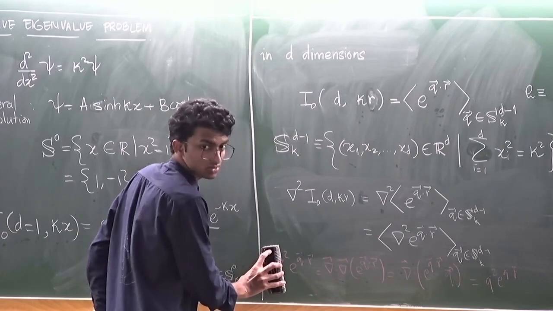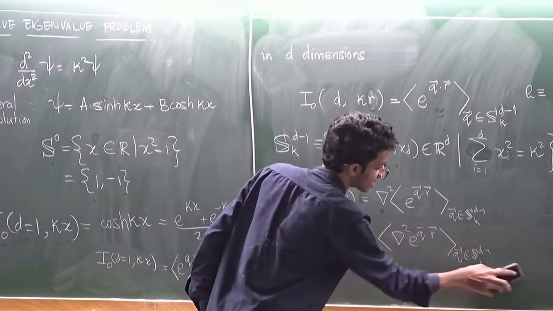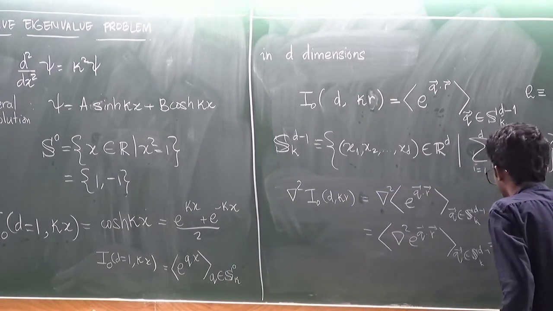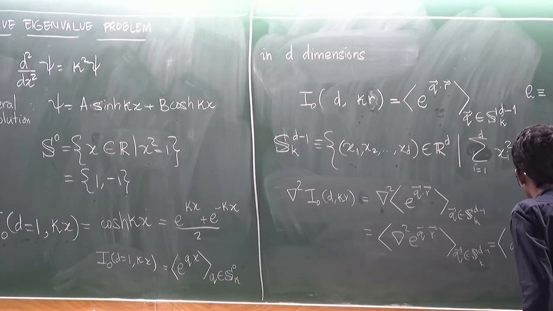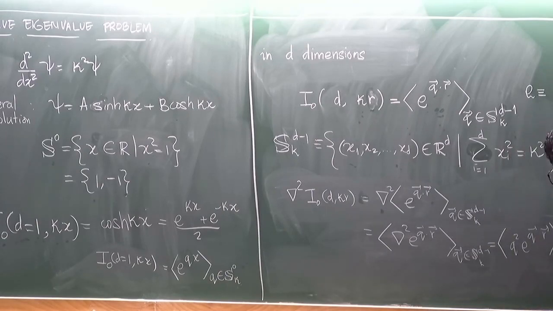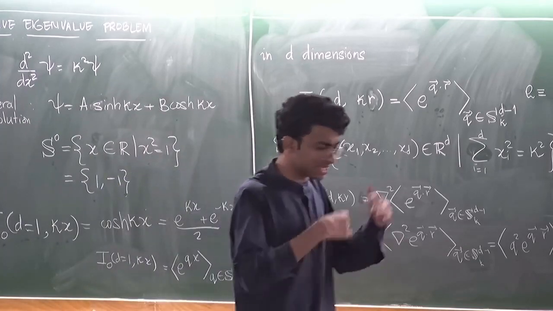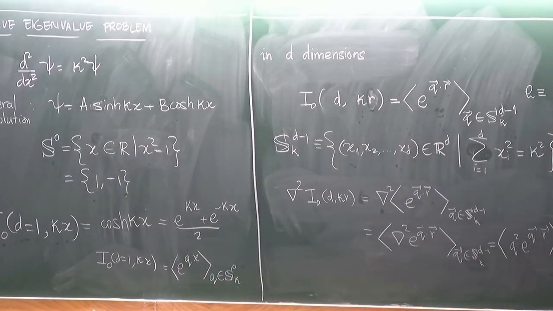So grad squared will just give you q squared. So this is equal to the average of q squared e to the q dot r, q belongs to S kappa d minus 1. But q squared is a constant, because q belongs to the radius kappa sphere, so q squared is just kappa squared, and kappa squared comes out.